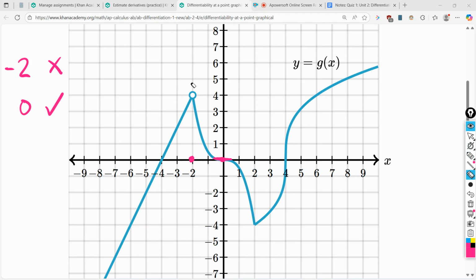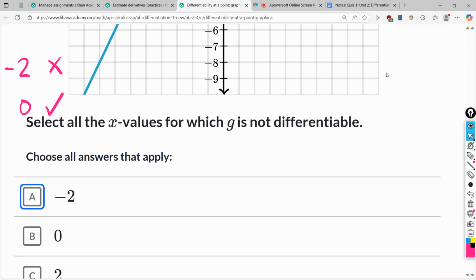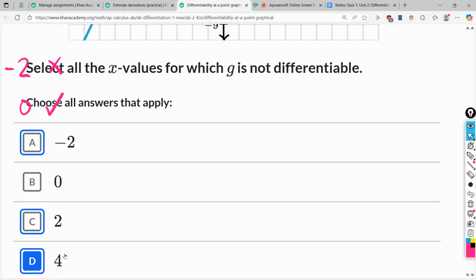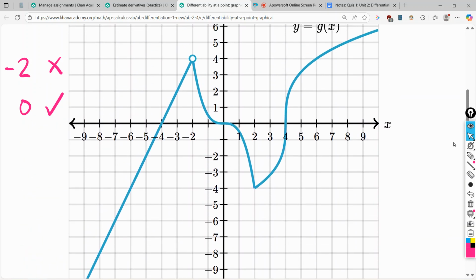Keep going. Let's go to 2, and I'll show you the vertical at 4, but let's go to 2. Here is x equals 2. Here's x equals 4. At x equals 2, what's happening? A very sharp turn, okay? You can't find the slope there.